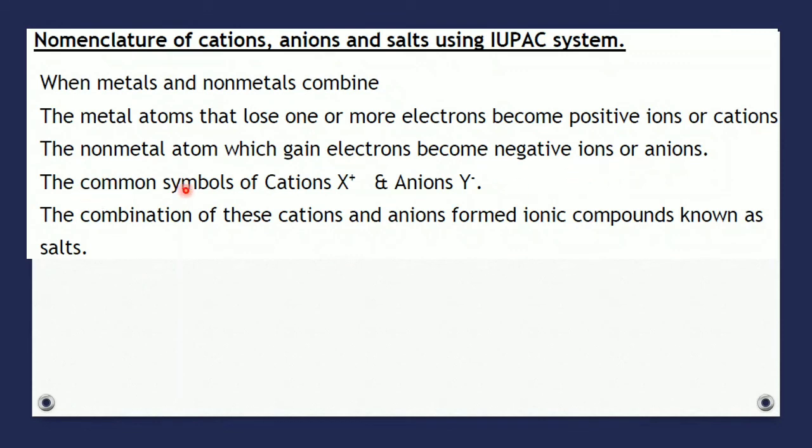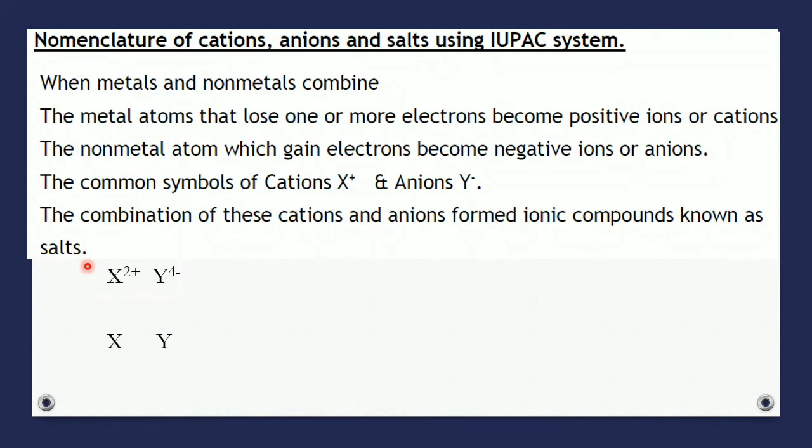The common symbol for cations has a positive charge, and for anions a negative charge. The electrostatic force of attraction between the positive ions and the negative ions forms our ionic compound known as salt.